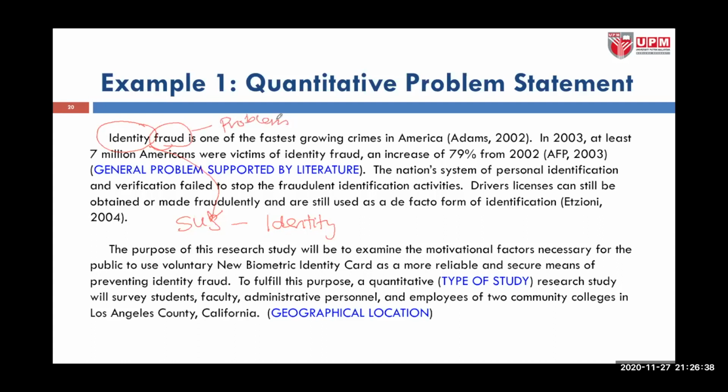If we want to write the general title, maybe the general title is about identity fraud cases in America. So fraud is the problem, identity is the system under study. And that would be the case for the general title. So for the project title, probably it is about a quantitative study on new biometric identity card to solve identity fraud or whatever.